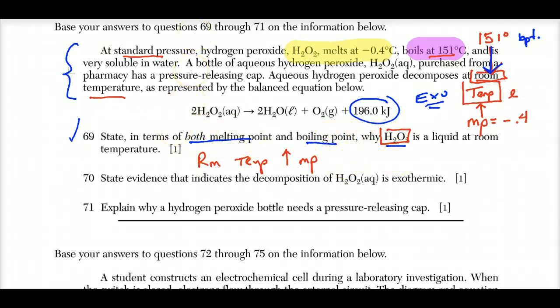Notice how they want you to answer the question in terms of both the melting point and the boiling point. If you just give me one, I have to mark it wrong. You have to pay particular attention to exactly how they want you to answer the question. So let's go to the booklet.